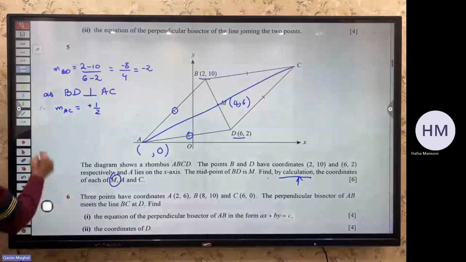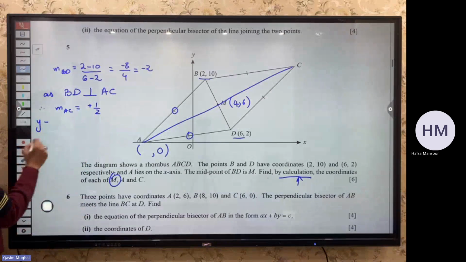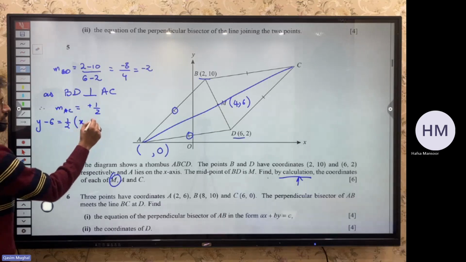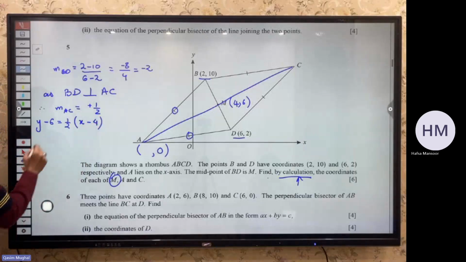We have the gradient, we have the point, so y minus y1 equals m into x minus x1.